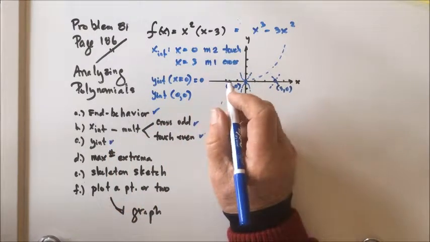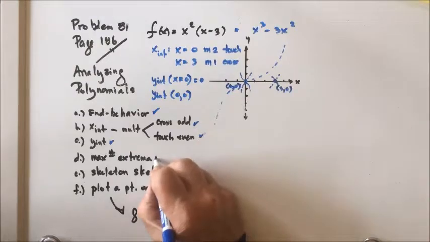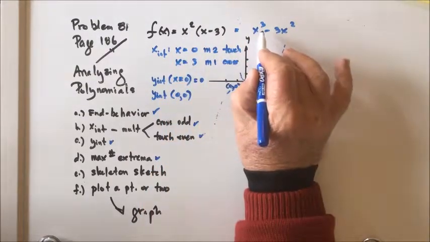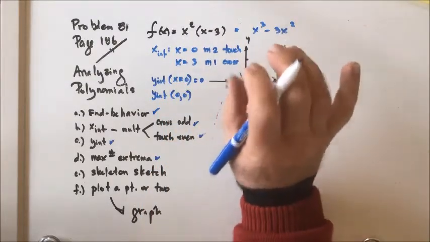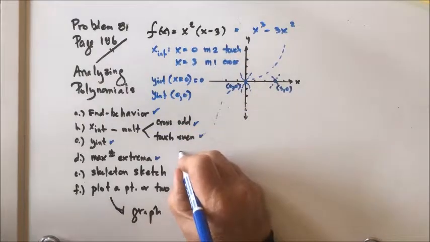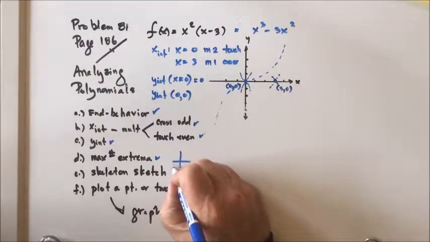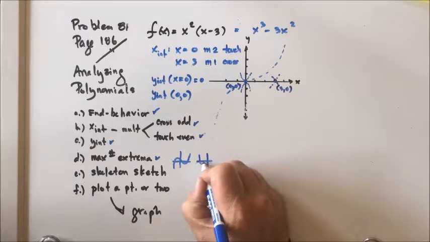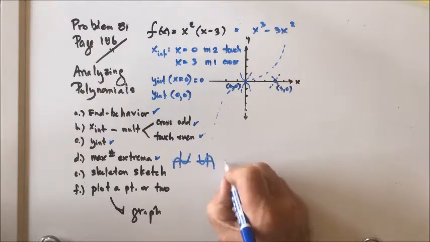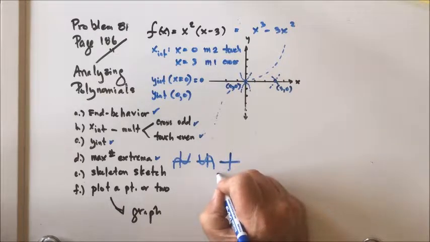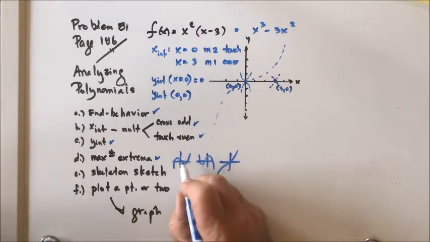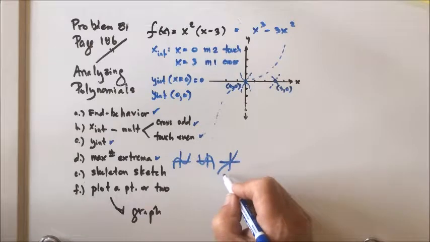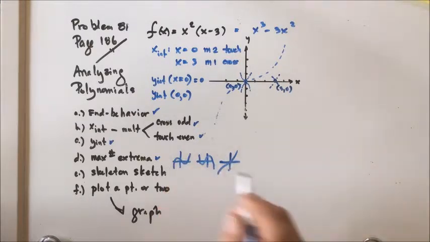Maximum number of extrema. Let's take care of that quickly. If this is a third-order polynomial, there are at most 2 extrema. You're going to end up seeing a graph that looks like this, or a graph that looks like this, or maybe a graph that looks like this that has no extrema. You're either going to have 2 or you're going to have 0. All right, so we've done that.